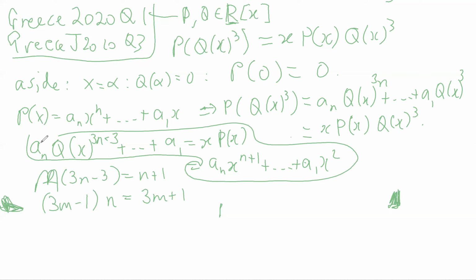So basically, on the left-hand side, if you think about degrees, maybe we can prove some of these things. If you look at the degrees, P of Q of X cubed equals X P of X Q of X cubed.